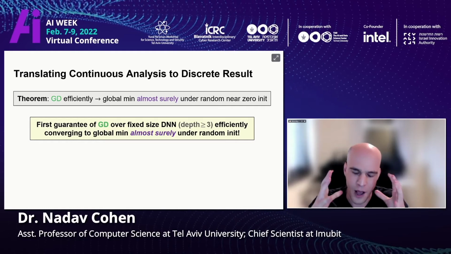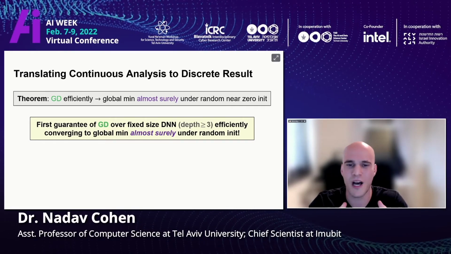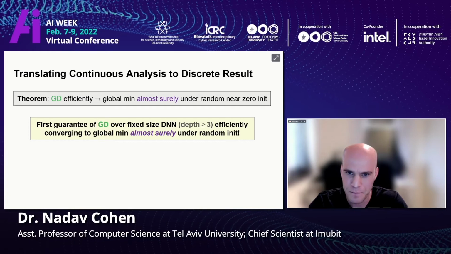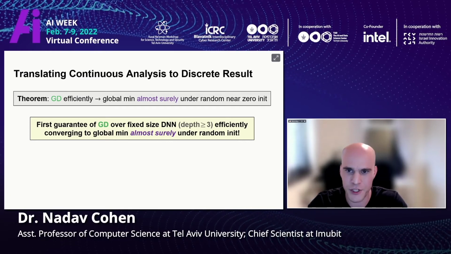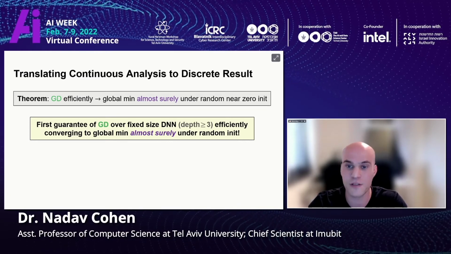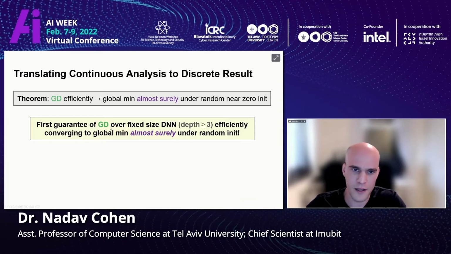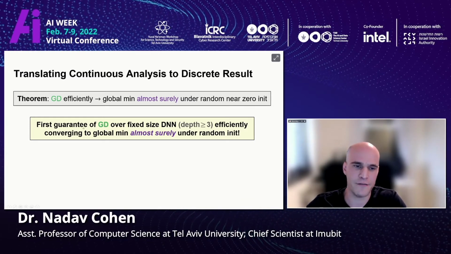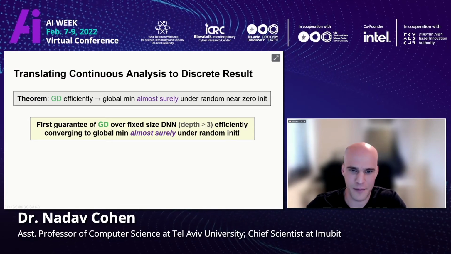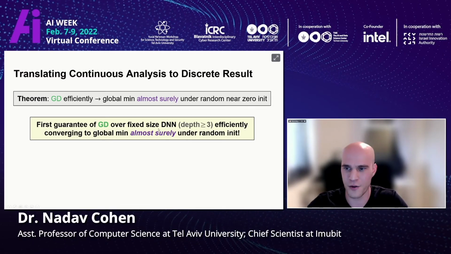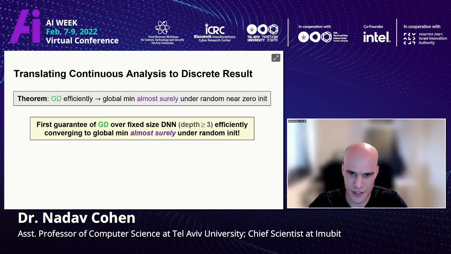That means a model, a neural network whose size is independent of the data. Anyway, it's fixed, it's not the NTK regime, and the model is deep, that's 3 or more layers. And this is the first guarantee over such a model that gradient descent converges efficiently to global minimum almost surely under random near zero initialization.